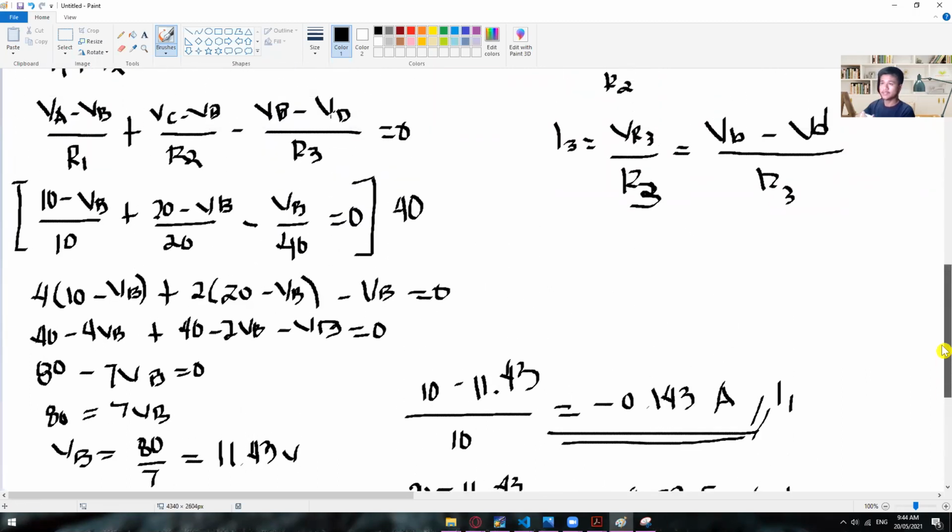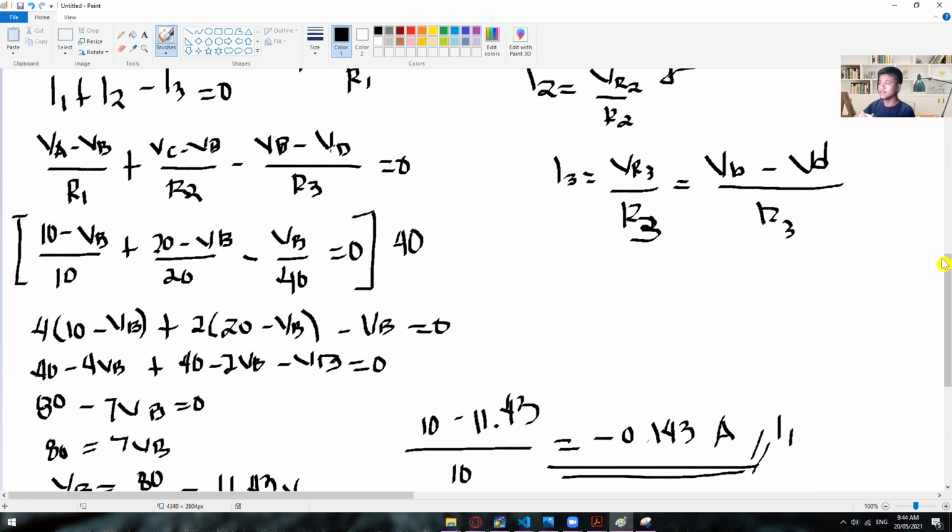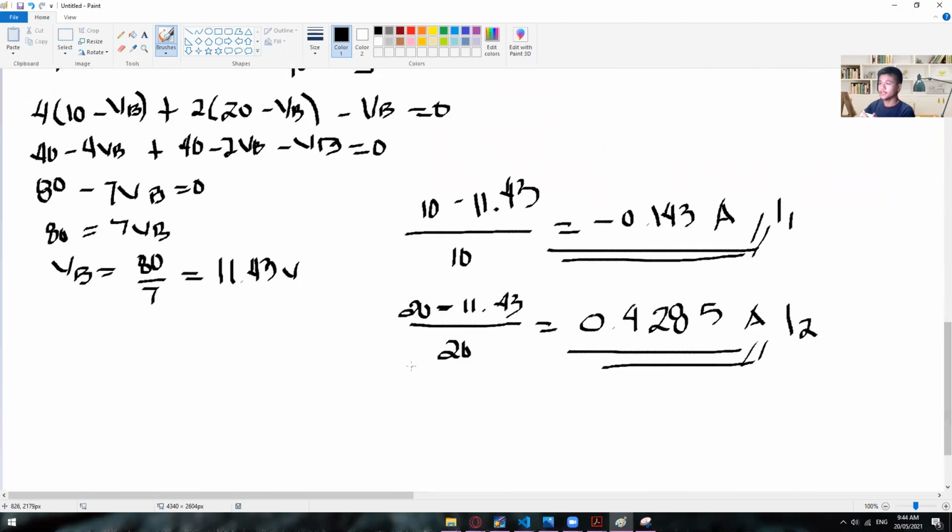And then for the last one, for the I3, that is VB divided by 40. So VB is 11.43 divided by 40, which will give us a result of 0.28575 amps.